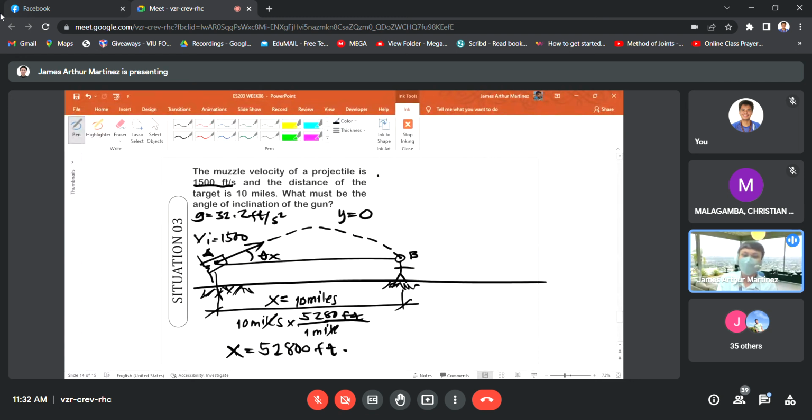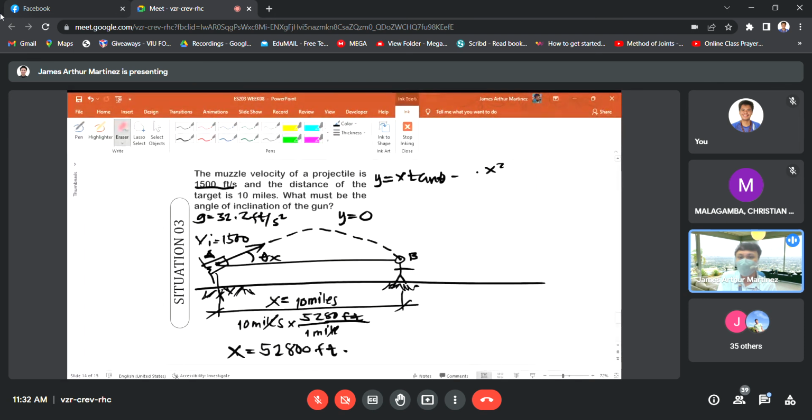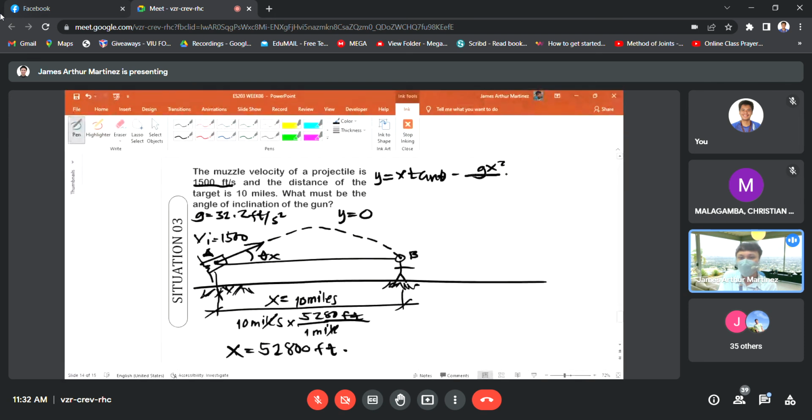And then we use the derived equation: y is equal to x tangent theta minus g x squared, this is not 9, that is gravity, g x squared all over 2 vi squared cosine squared theta.